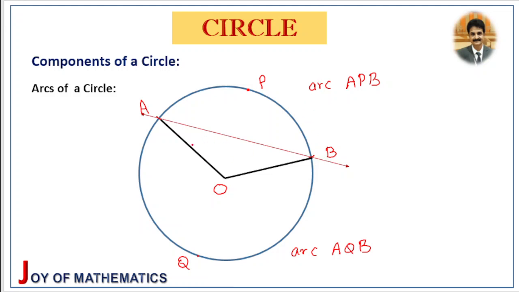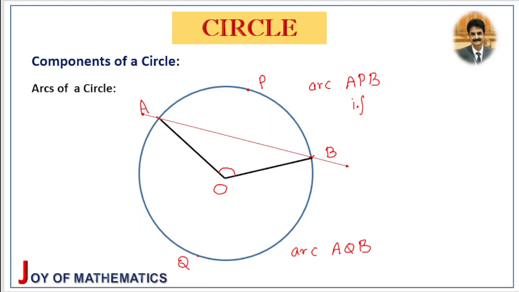Now, the angle made by this arc APB at the center: I'm joining the end points of this arc with the center. So we get an angle AOB.